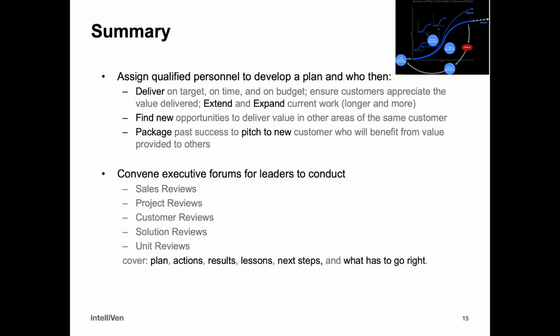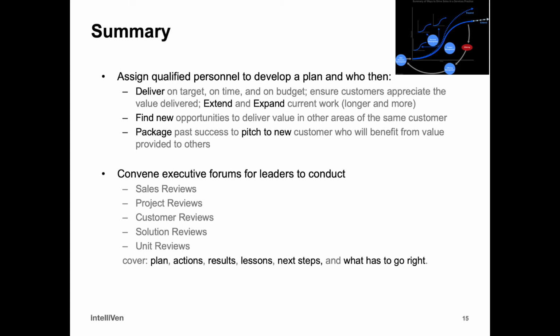We call it an executive session or an account review or a sales review or a project review or a customer review or a unit review. That's sort of the governing process that sits on top of all of this. If you think about it, it's like a board for a company does this for the whole of the company.